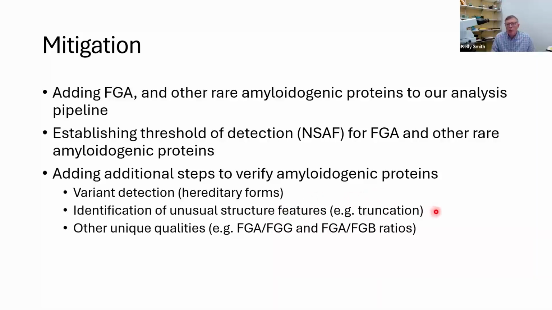Another quality of the form of fibrinogen alpha is that you only find the truncated form of the protein in the amyloid, not the full-length protein as you'd find normally in physiologic forms. And then other unique qualities, such as looking at the ratio of the alpha to the gamma or the alpha to the beta chains.